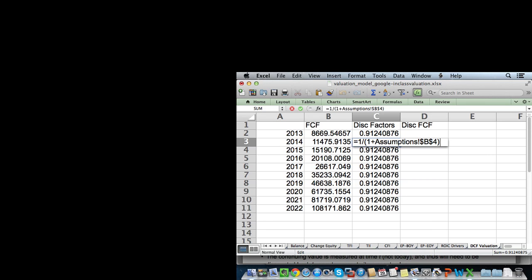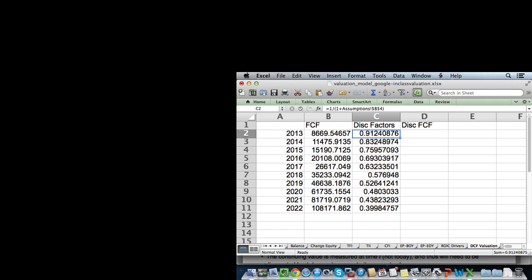Except in 2014, I've got to take 1 plus R squared, so to the power of 2. 2015, so 3 years out, I need to take it to the power of 3, power of 4, power of 5, 6th power, 7th, 8th, to the 9th power, and the 10th year to the 10th power.